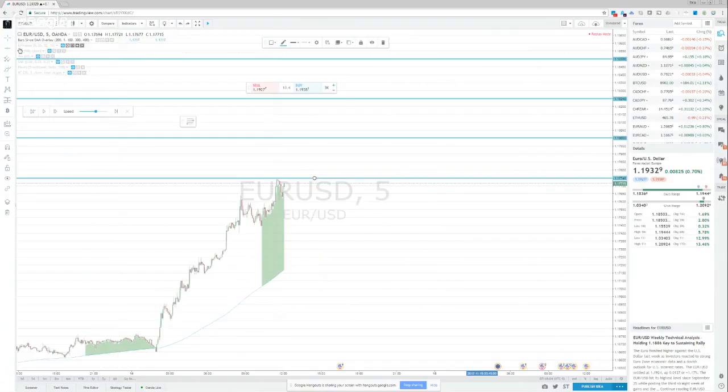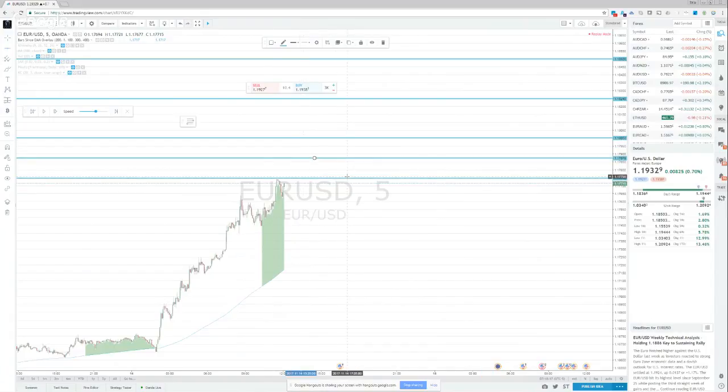Okay, now let me draw another line, which is the line that I found more useful: the middle line, or the price level, between these two psychological levels. And I will draw it in purple. There you go.